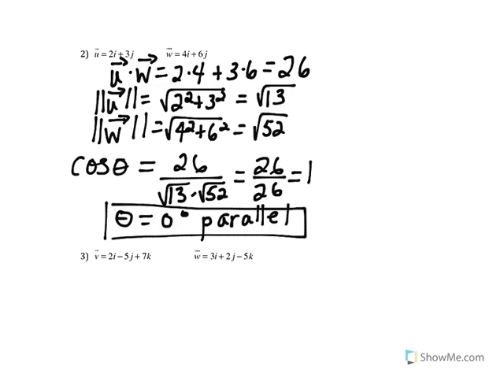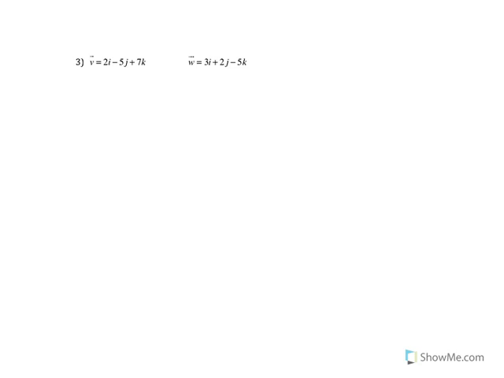So far we have one of each. You can probably guess on the next one. They're probably going to come out to some other angle that's not parallel or perpendicular. So let's check that out. I'm just going to move on to another page for it to give myself some space. So again, find the dot product first.